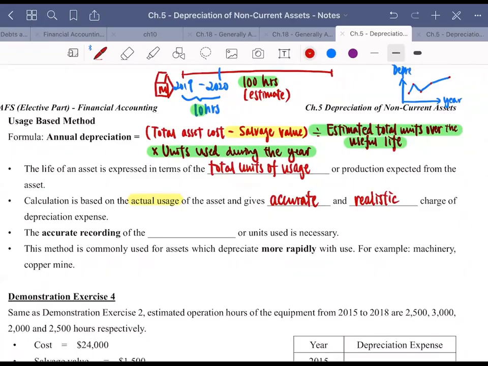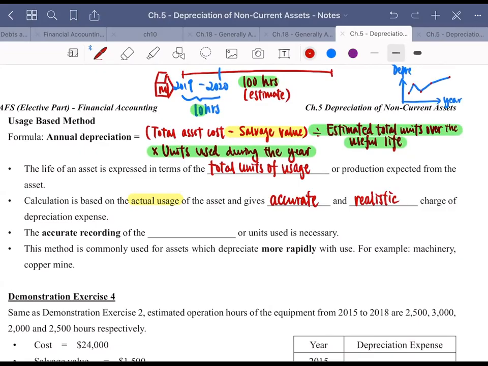Why would we say so? Because we are focusing on how long we have used the asset throughout the year. It is the actual amount, instead of directly calculating a percentage which is estimated by our past experience. This accurate recording would give us a more realistic, more accurate charge of the depreciation.